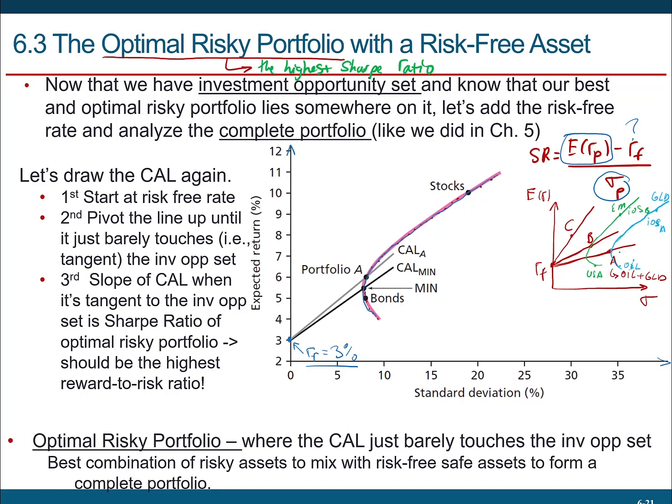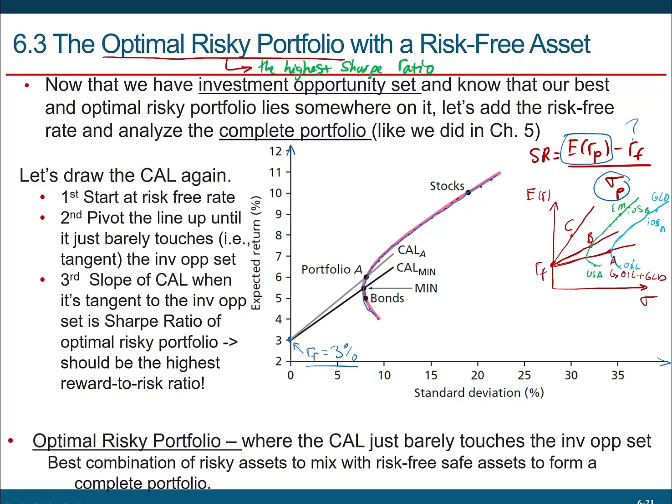So technically, we can draw an infinity of CAL lines through this point, right? But going back, any point on this particular investment opportunity set represents a portfolio made out of emerging markets and the USA. Okay, I'm just dotting those dots. So that portfolio B that we are crossing with our CAL line is just one of the portfolios on that particular investment opportunity set.